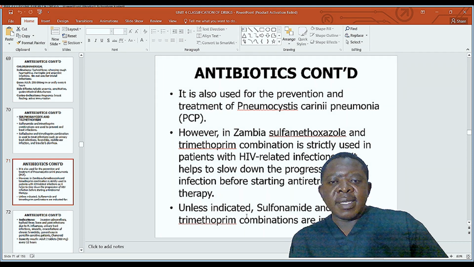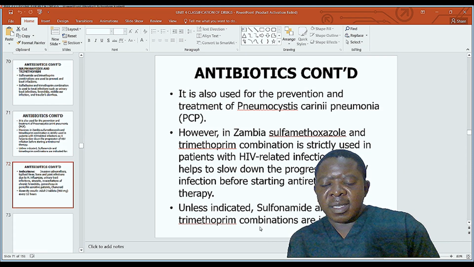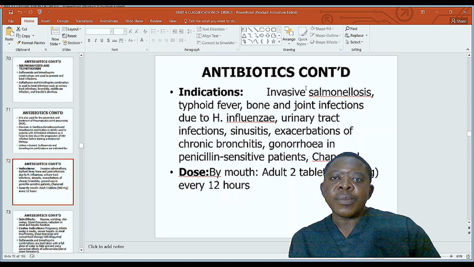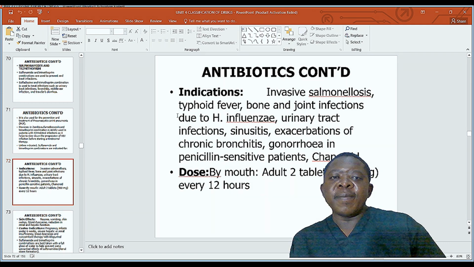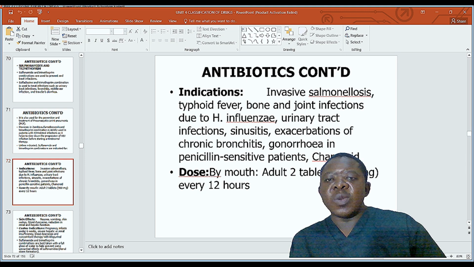Unless contraindicated, sulfonamide and trimethoprim combinations are indicated for invasive salmonellosis, typhoid fever, bone and joint infection that may be due to Haemophilus influenzae, urinary tract infections, sinusitis, gonorrhea, chronic bronchitis, or in penicillin-sensitive patients, and can also be used in chancroid.